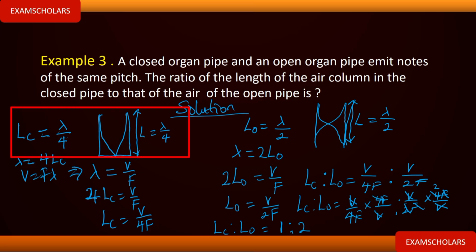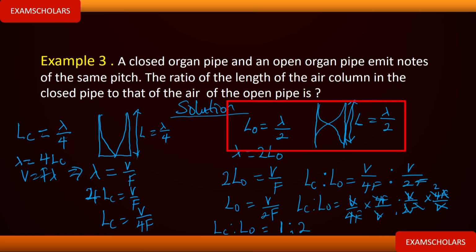L is equal to lambda over 4, which shows that the wavelength will be divided by 4 to get the length. Okay, now it is dividing by a factor of 4. Now come over to the open pipe. The wavelength is being divided by 2, by a factor of 2.